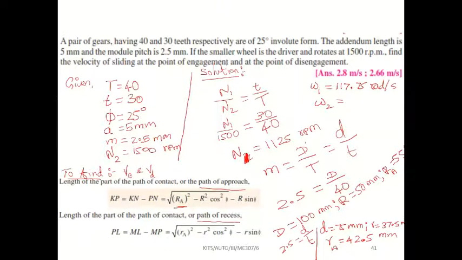So omega 2 will be 261.6 radian per second. Please write all these things in your note. Then we will move to next page.